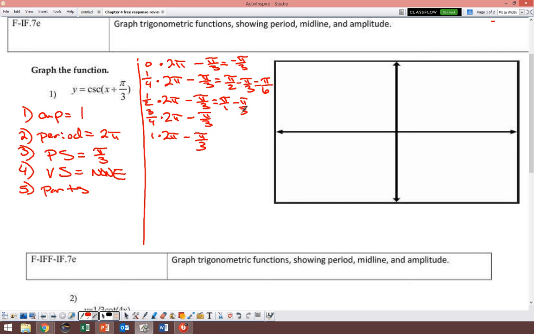So it's 2 pi over 3. Wait, what? Okay, remember we do the butterfly. 3 times pi is 3, right? 1 times pi is 1. So it's 3 minus 1. So that gives me the 2. Okay? Next one.